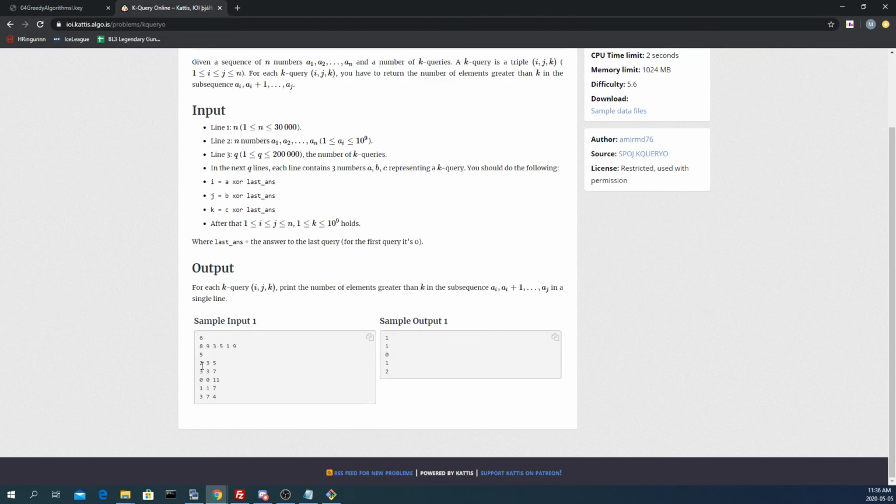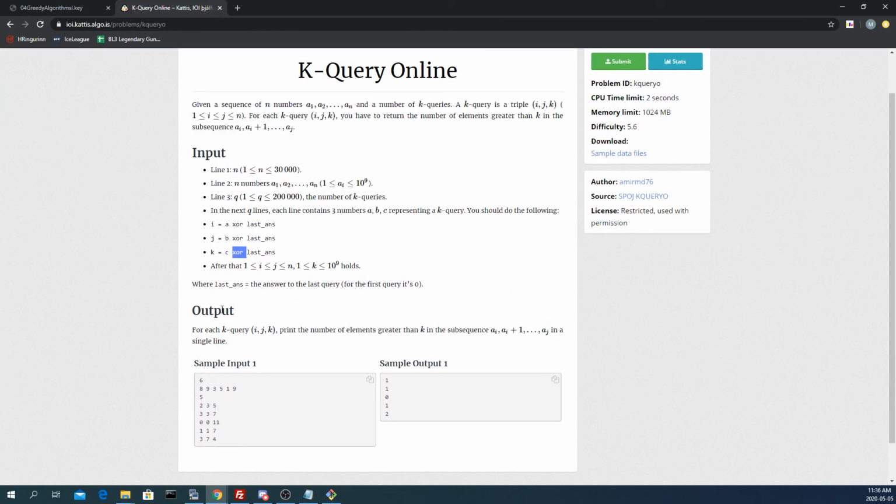So you have to process this request, answer it, and then based on the answer you get there, you can process this request. And this is usually done with some XOR or something similar. So if you see something like this in the input where you have to XOR the last answer you had, then okay, I need an online algorithm. I can't do it without doing it online.